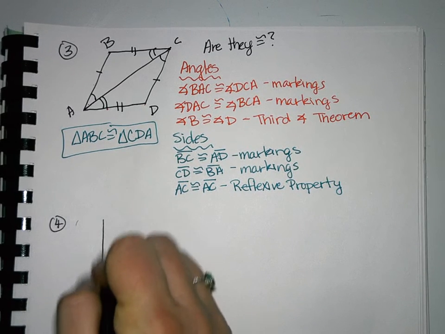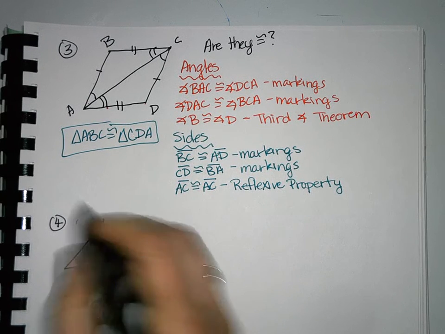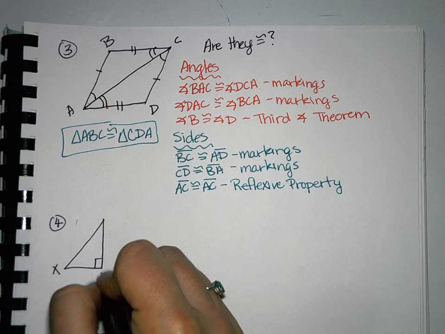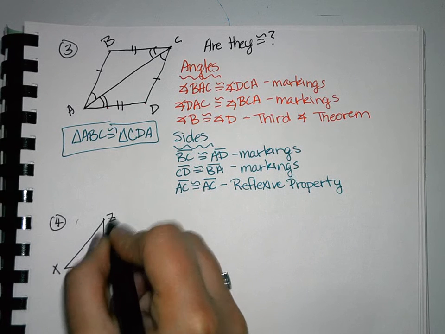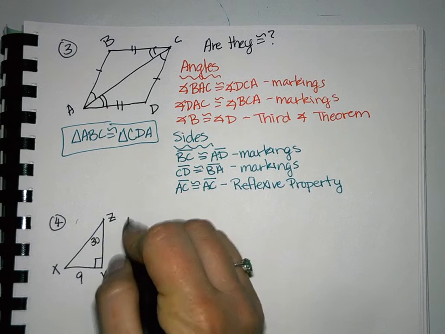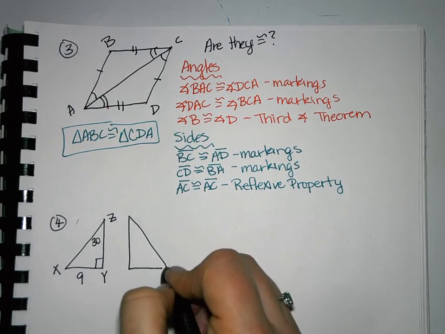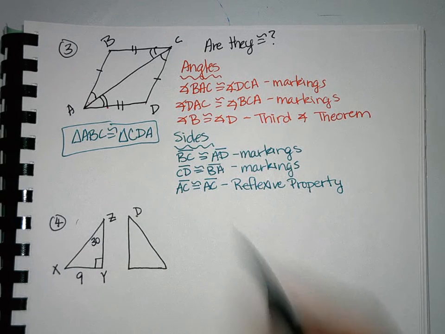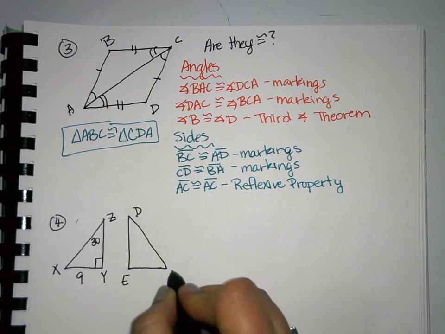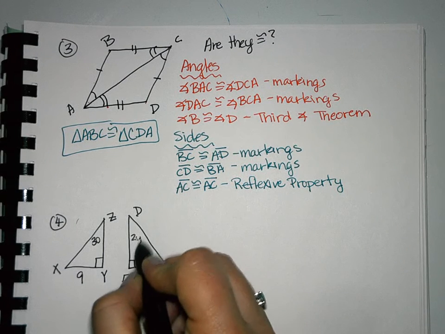So it's going to tell you that triangle XYZ and triangle DEF are congruent.